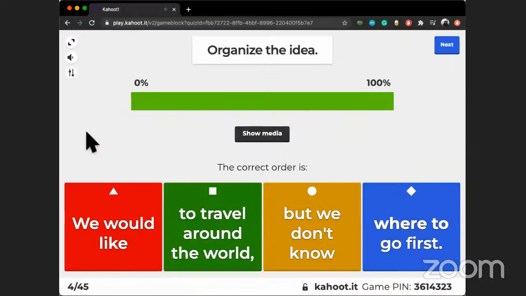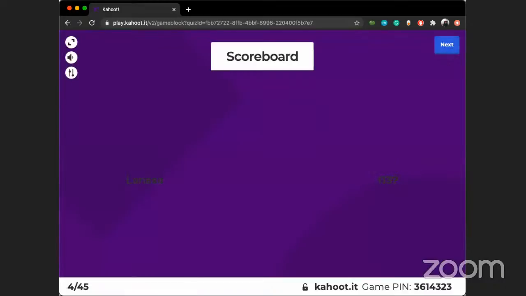All right, let's read the sentence, please. We would like to travel around the world, but we don't know where to go first. Excellent. So for example, here, after would like, we are using infinitive, right? To travel, it could be to move, to anything.